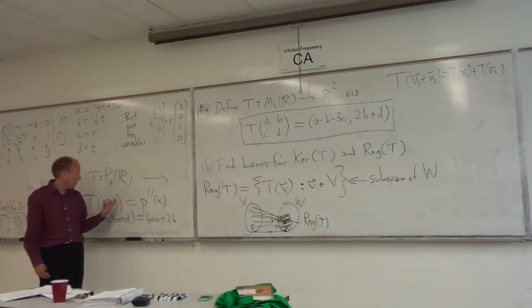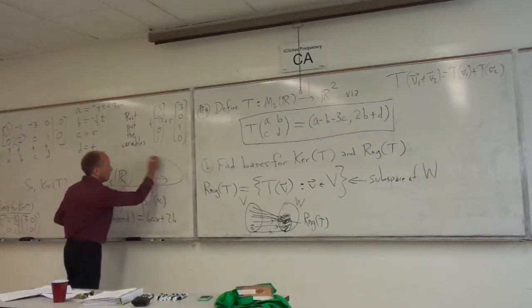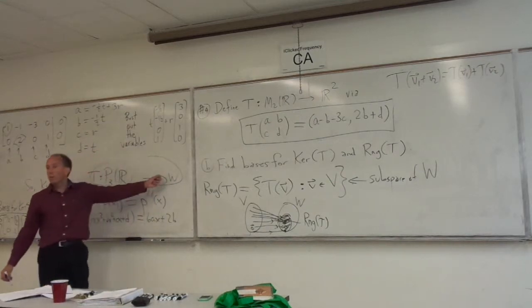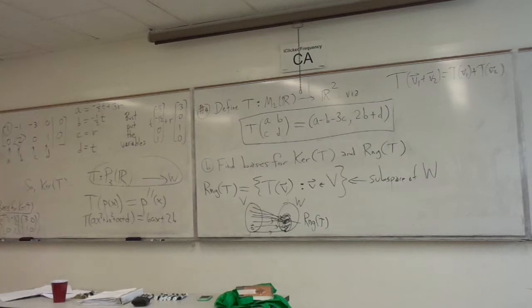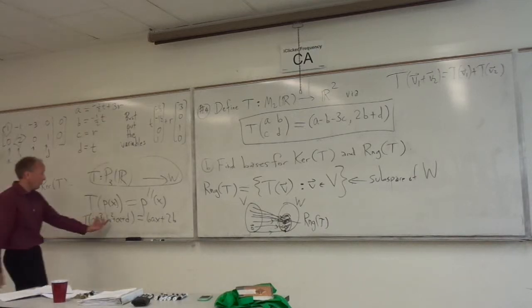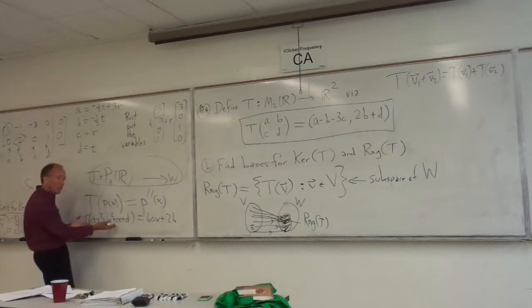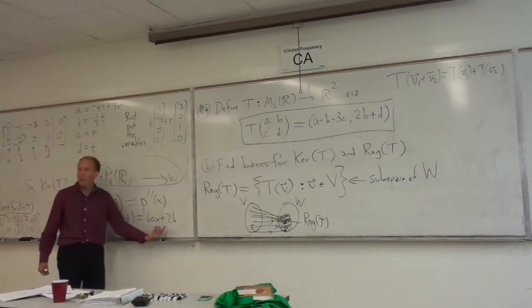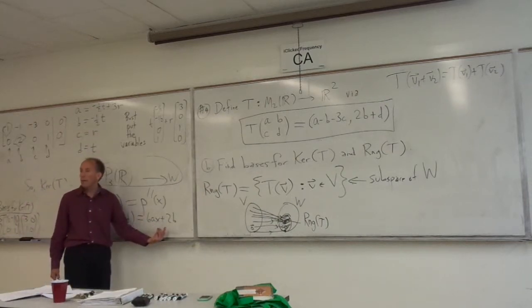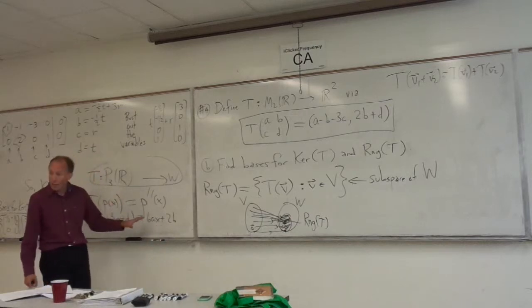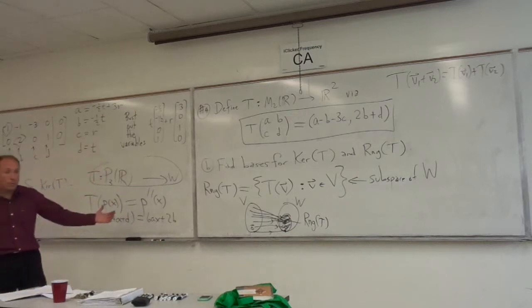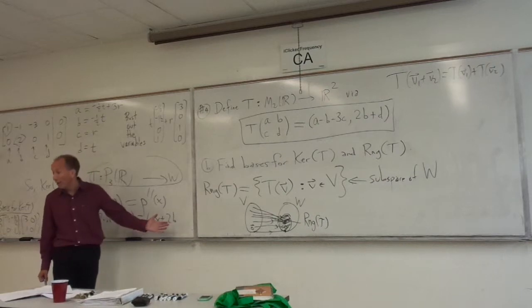So your outputs are only going to be polynomials of degree 1 or less after you differentiate a cubic polynomial twice. After I started with something of degree 3, my output is only degree 1 or less. So the range of this transformation would basically be P1 of R.